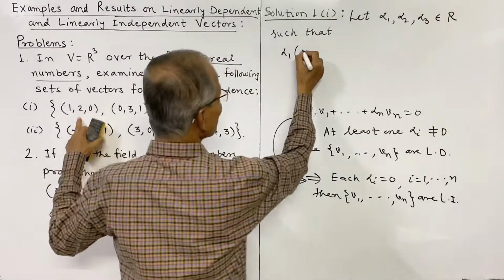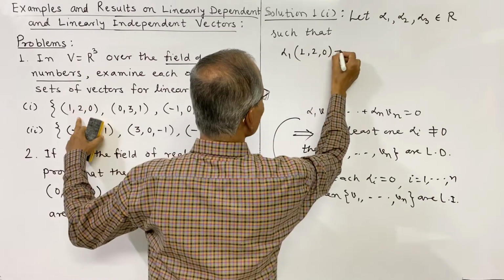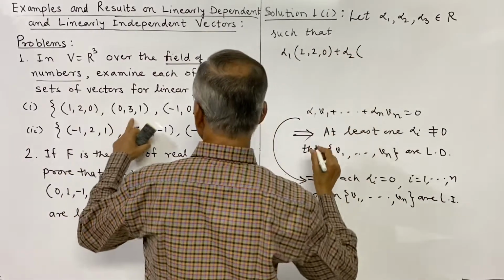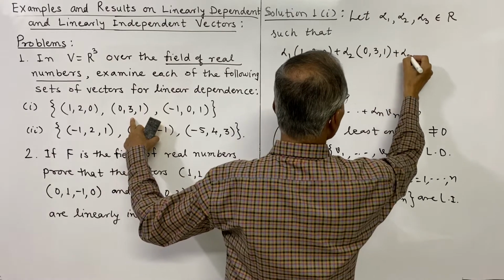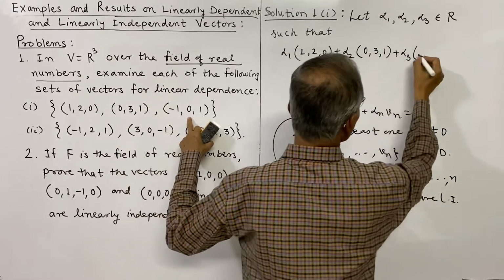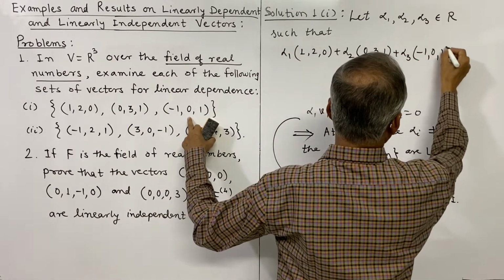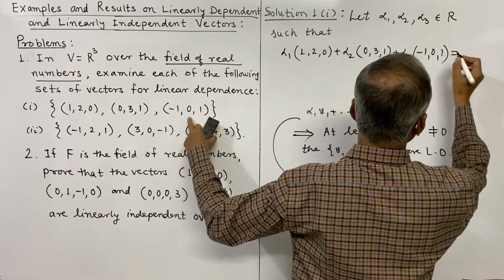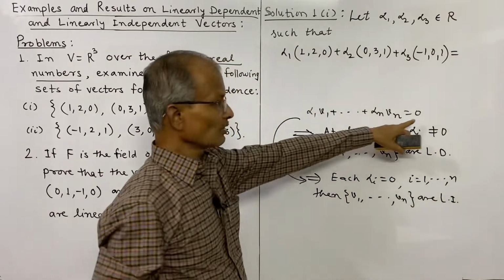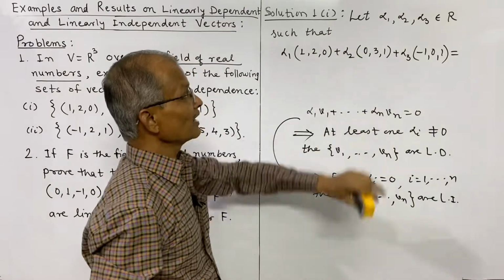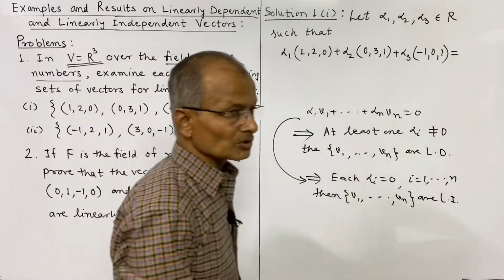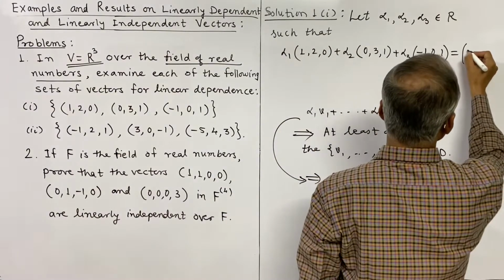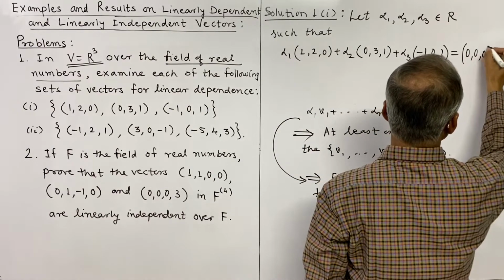So alpha 1 (1, 2, 0) plus alpha 2 times the second vector (0, 3, 1) plus alpha 3 times the third vector (-1, 0, 1) is equal to 0, and 0 in R3 is the triplet (0, 0, 0).